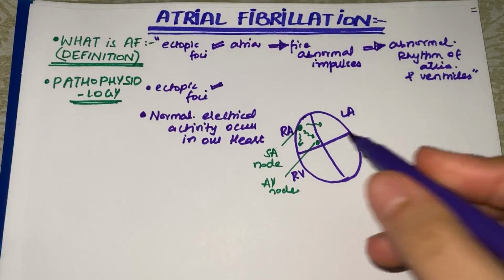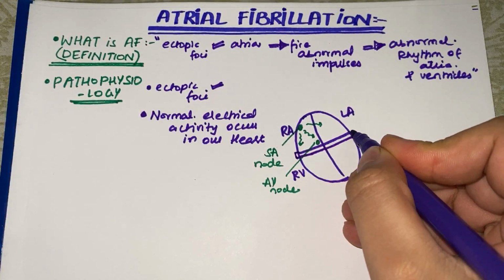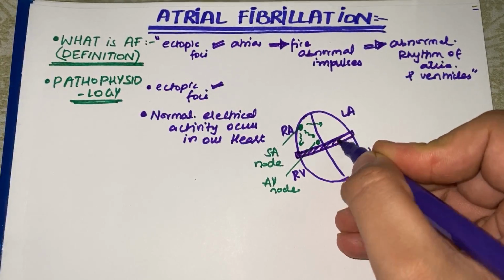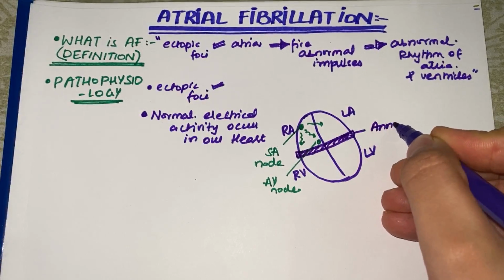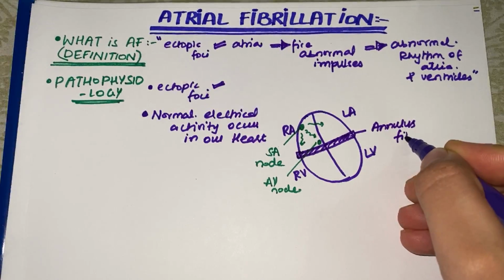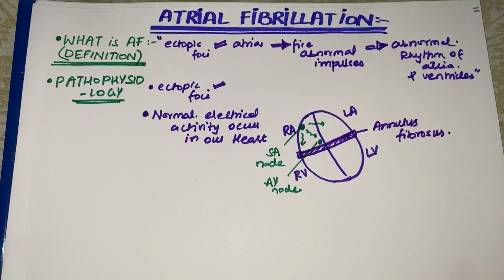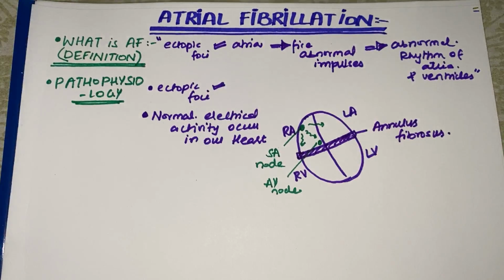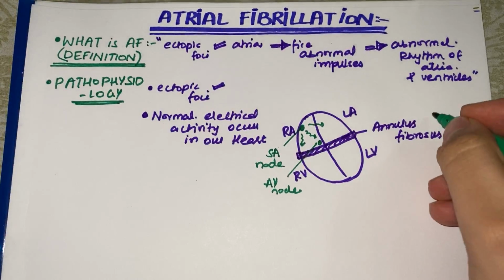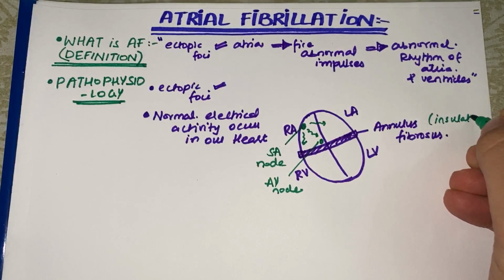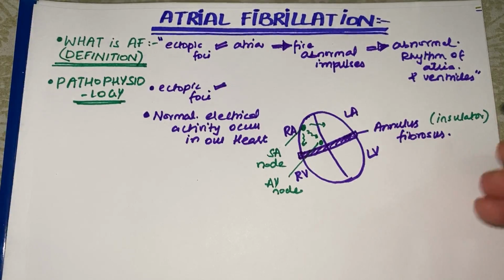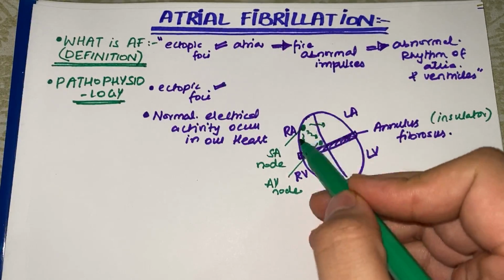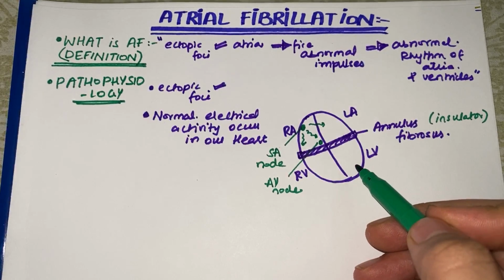Fine. So all these impulses move on to the AV node, and from the AV node, here is present this fibrous band, this is the annulus fibrosus. This annulus fibrosus basically acts as an insulator. It doesn't allow leakage of electrical current from the atria into the ventricles.